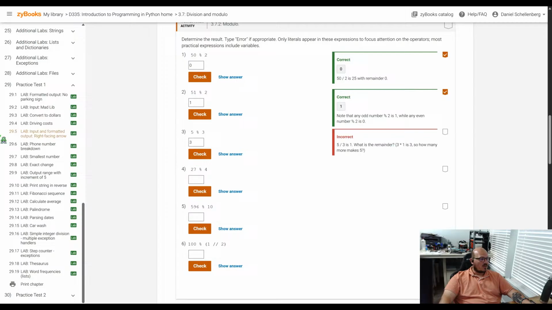So 5 divided by 3 is 1.66, right? So that's what I said, 1. What is the remainder? It's saying to take 3 and multiply it by that. So 3 times 1 is 3.